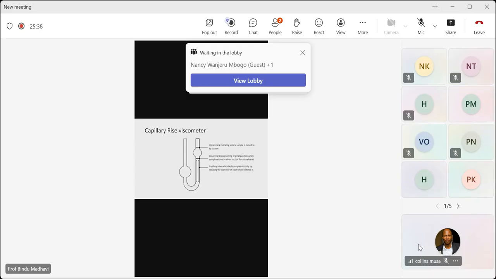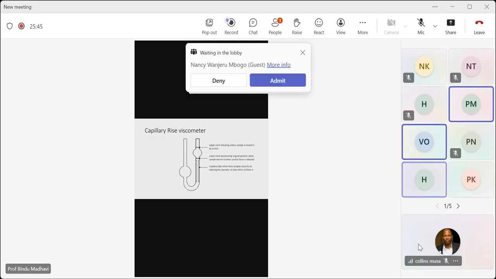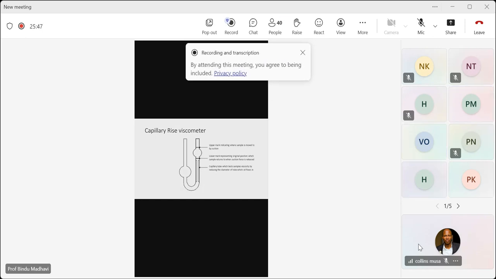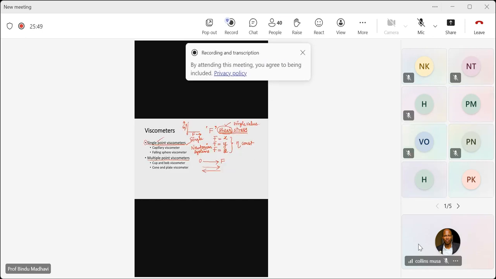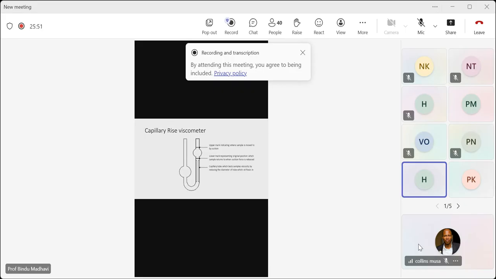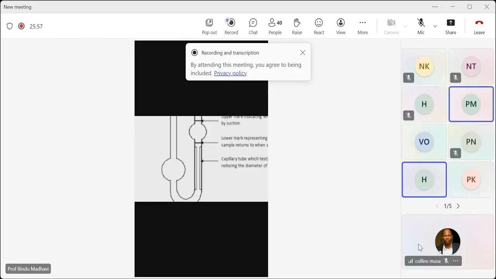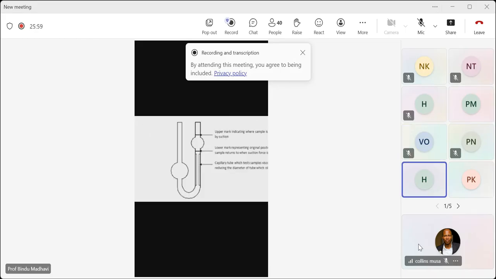I'm just waiting for the slide to be moved. Are you able to see the picture?